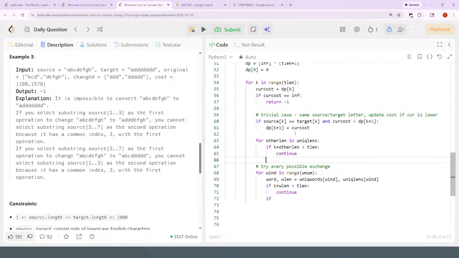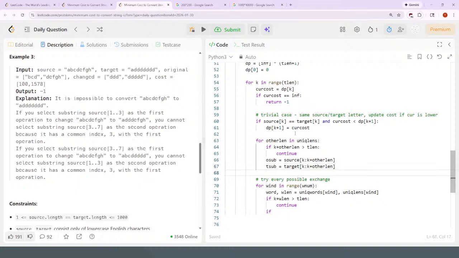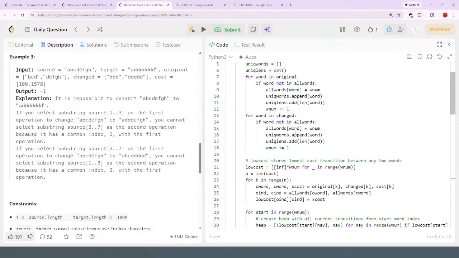And then I look at the substring. So the original sub is the source from k to k plus other length, and the target substring is the target from k to k plus other length, and these must be in the actual dictionaries.